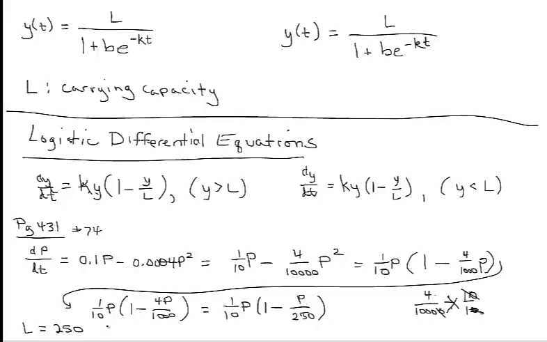We saw that that's going to occur at half of L. So the fastest growth rate is going to occur at 125, the carrying capacity divided by 2. So again, this was part B, and this was part D.